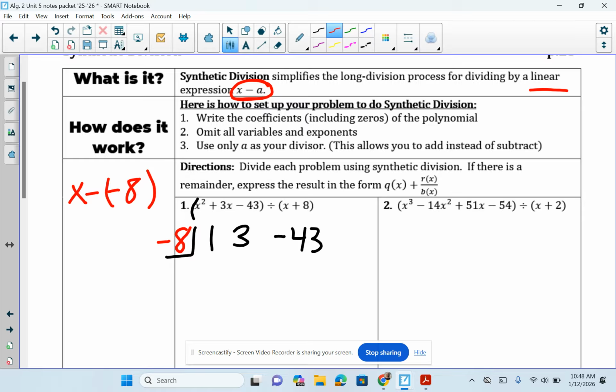Okay, so now you're going to leave a row and draw a line. If you have a colored pen, I wouldn't hesitate to pull out a colored pen right now. First thing you do, so when I write in blue, use your pen for that. You're going to bring down that leading coefficient.